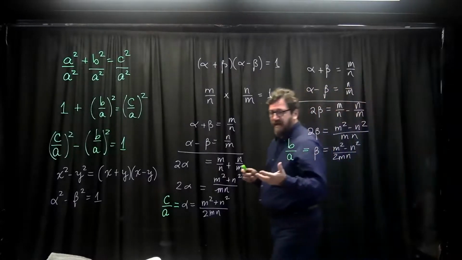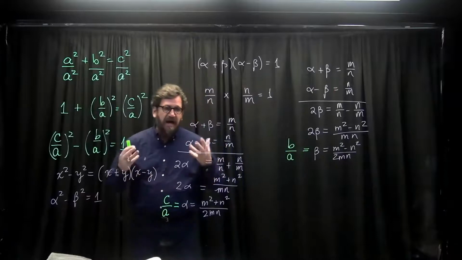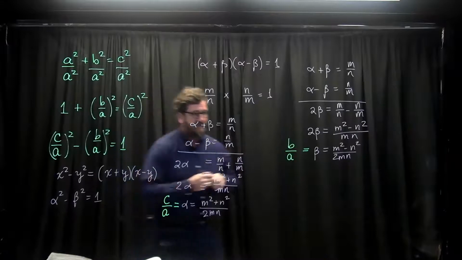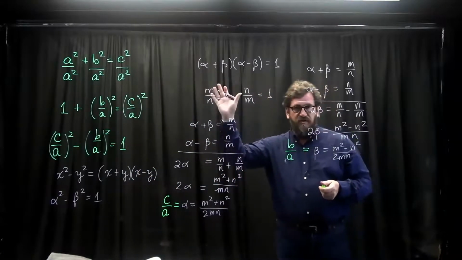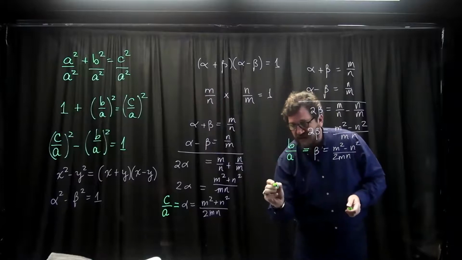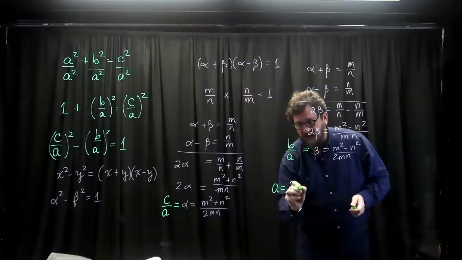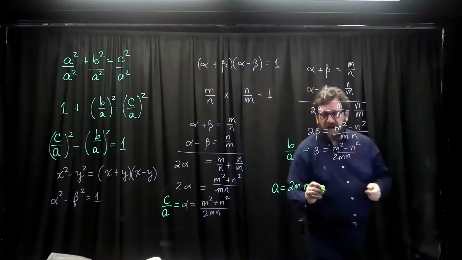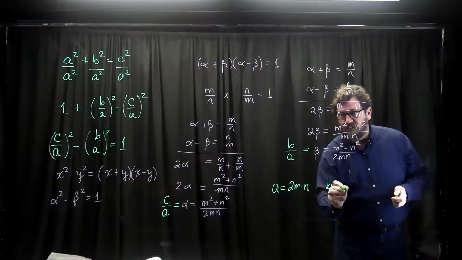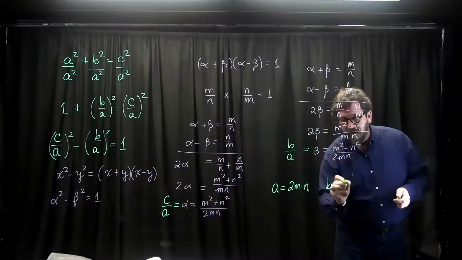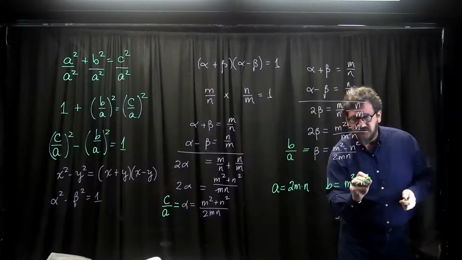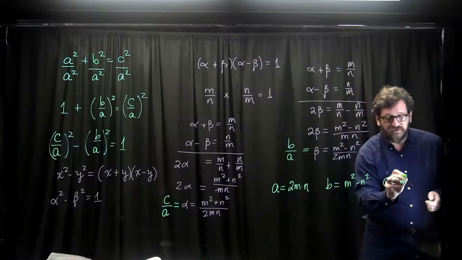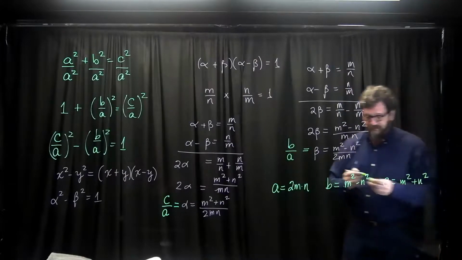Now because of that, and I know these are rational numbers, I know certain things. Because the a is the same in both pieces, I can say in my original Pythagorean identity that a must be 2 times m times n, where m and n are integers. I know that b must be equal to m squared minus n squared, and c is going to be equal to m squared plus n squared.